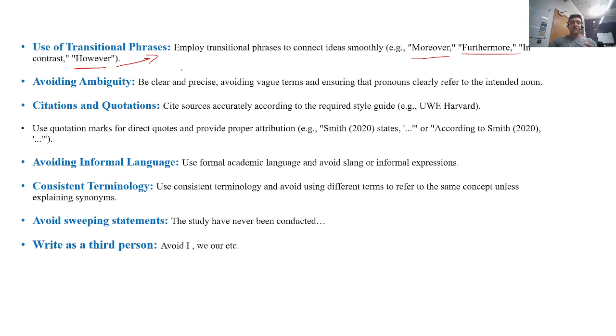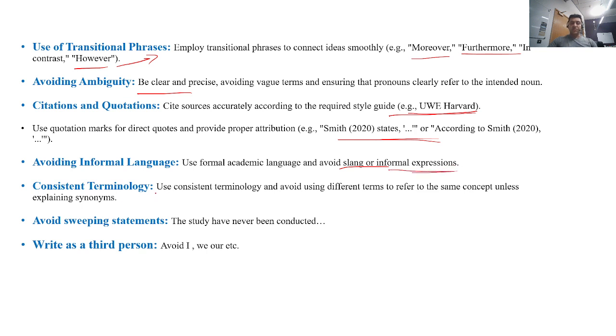These give a very academic touch to your writing. And then of course you need to avoid ambiguity when you're writing. Be very clear. Citations should be done very well, especially using Harvard style. Use quotation marks where you're using direct quotes from some paper or somebody who has written. And then use formal academic language and avoid slang or informal expressions.